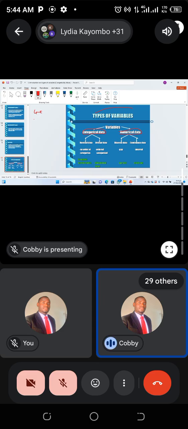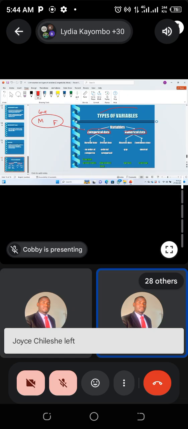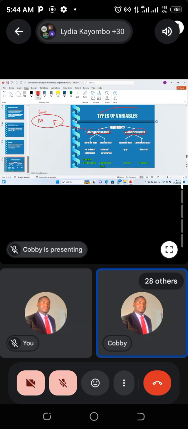We have male and female. Because we can categorize this variable into two groups, it becomes a categorical variable. All those variables that we can group, or that have categories, are called categorical variables. What are examples of categorical variables we can give?